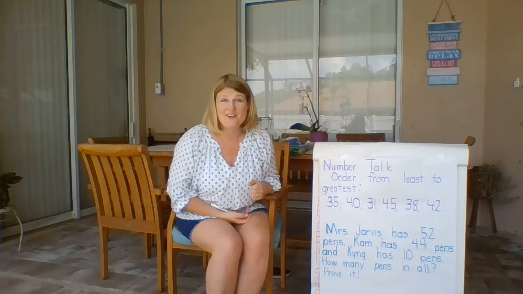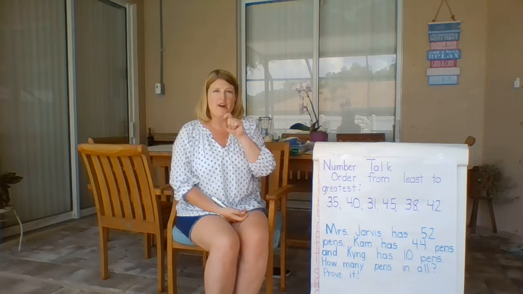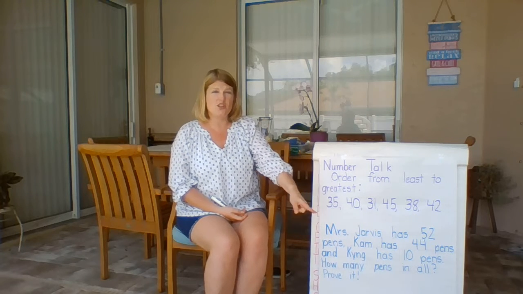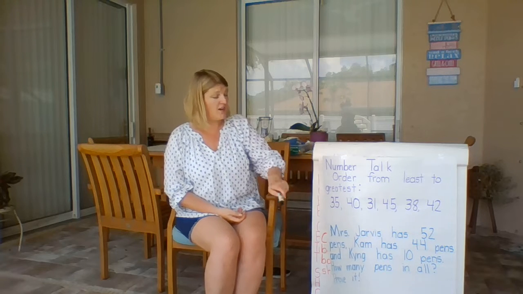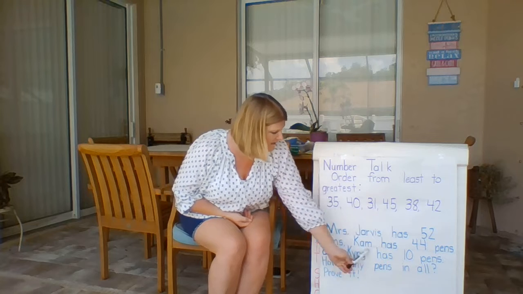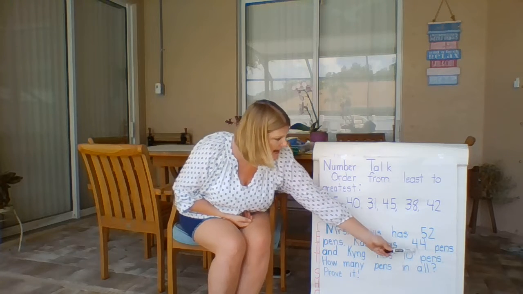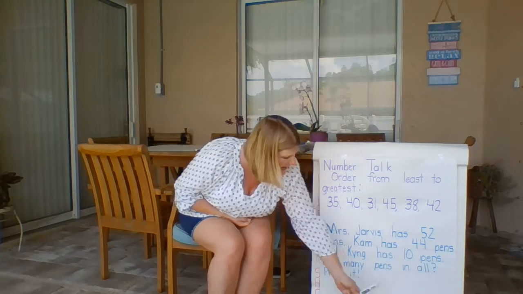I'm moving on to our third one, aren't I? I'm going to read it our third time. I want you to tell me, what is your strategy? What are you going to use to solve this tricky story problem? Don't get started until you've thought it through. Here we go. Mrs. Jarvis has 52 pens, Cam has 44 pens, and King has 10 pens.